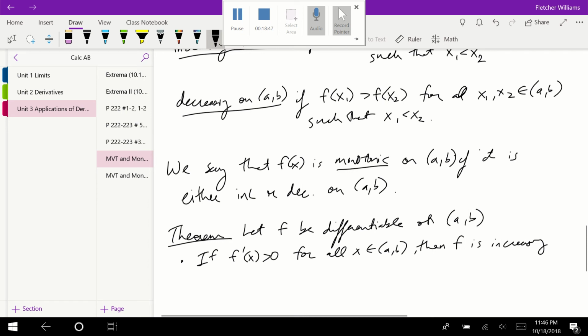So whenever the derivative is positive, a function is increasing. And then the opposite is true. If the derivative is negative for all x in the interval, then f is decreasing.